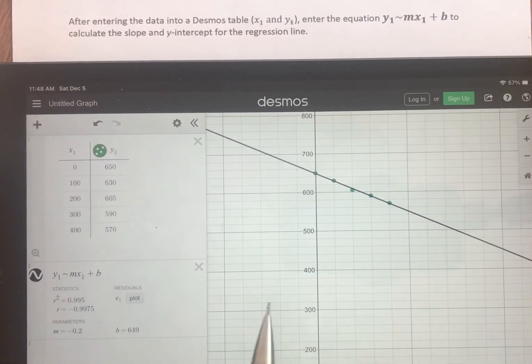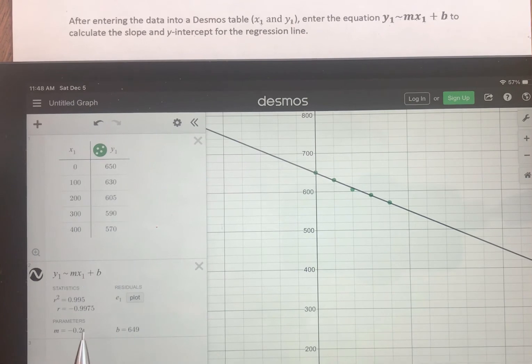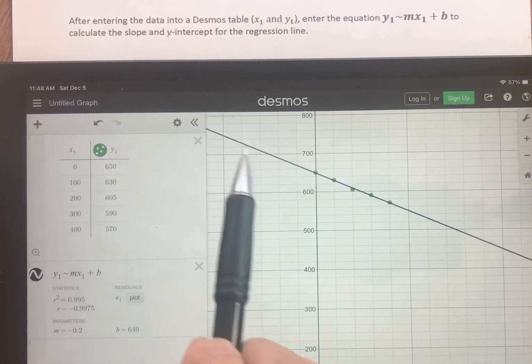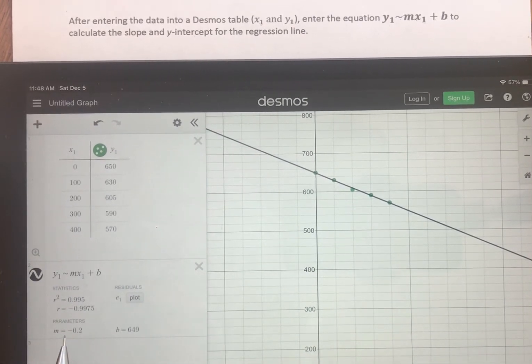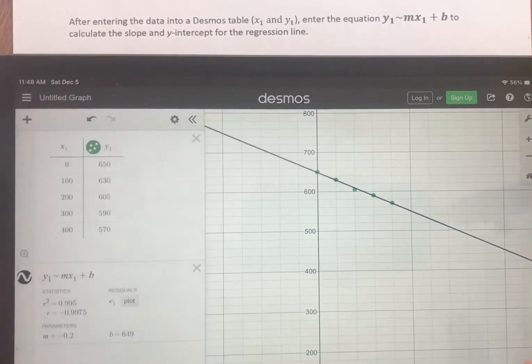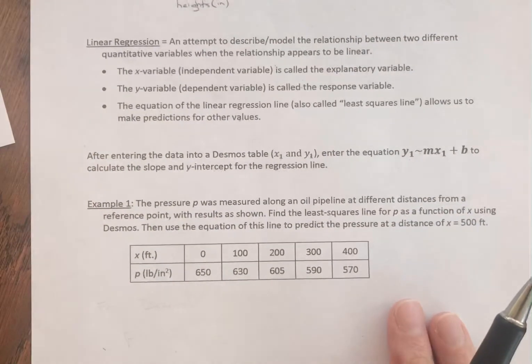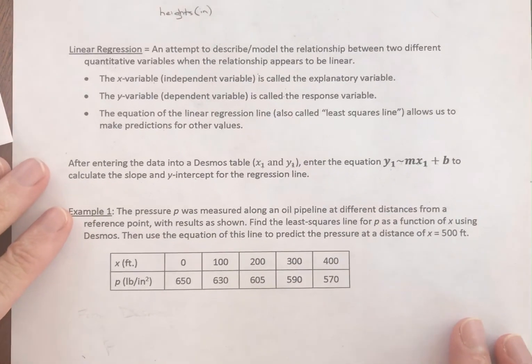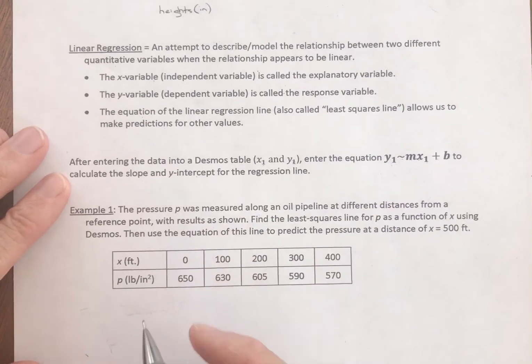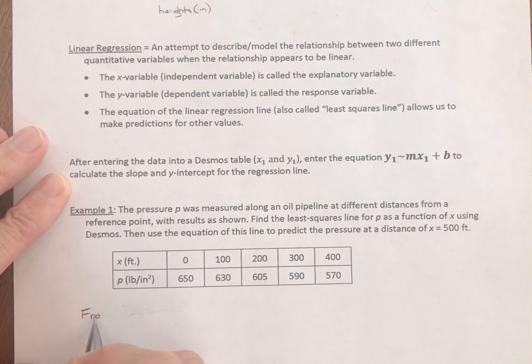And Desmos tells us over here that the line of best fit has a slope of negative 0.2, and we know that this line goes down from left to right, so the slope is definitely negative, and it has a y-intercept of 649. So let's go back to our piece of paper and note the equation from Desmos.